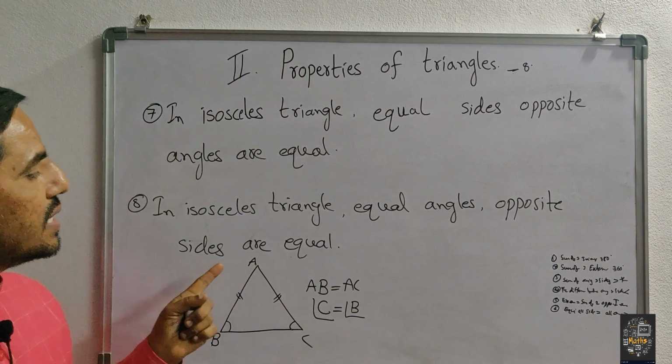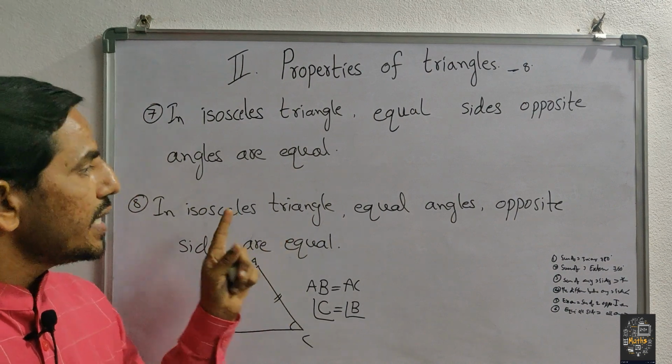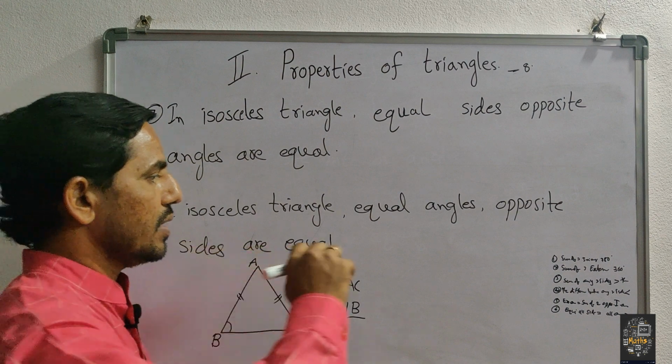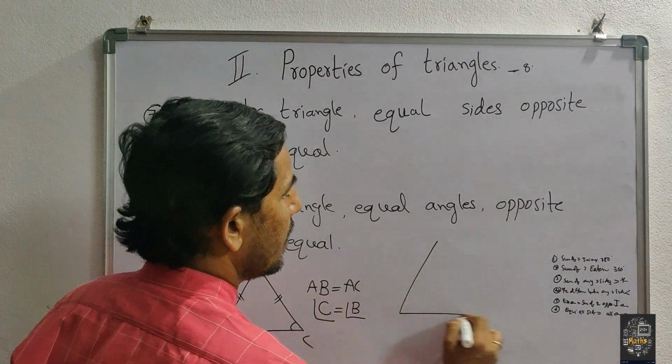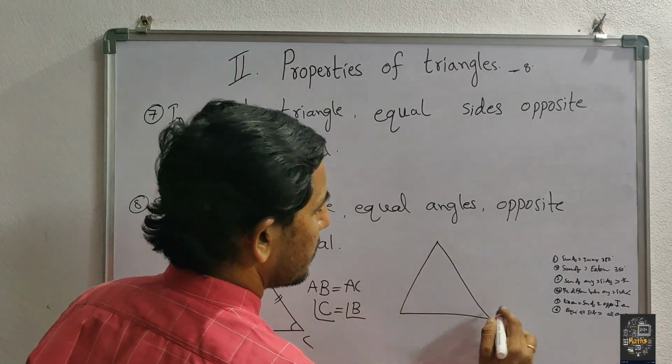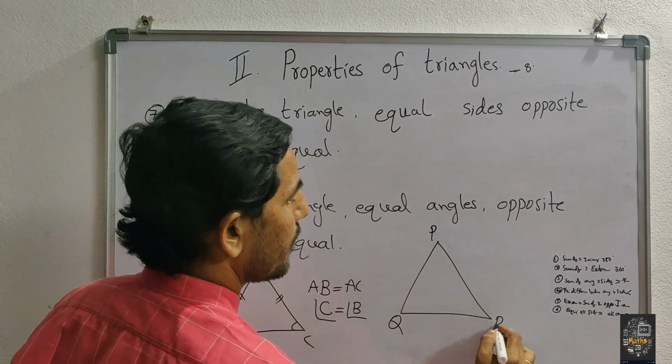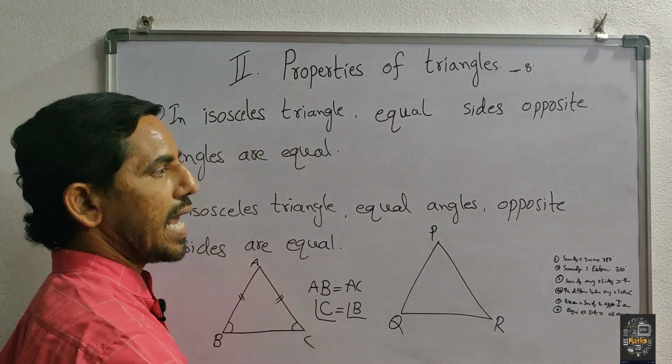In isosceles triangle, it's the reverse. Equal angles opposite sides are equal. So here I am taking another triangle, PQR. PQR is an isosceles triangle.